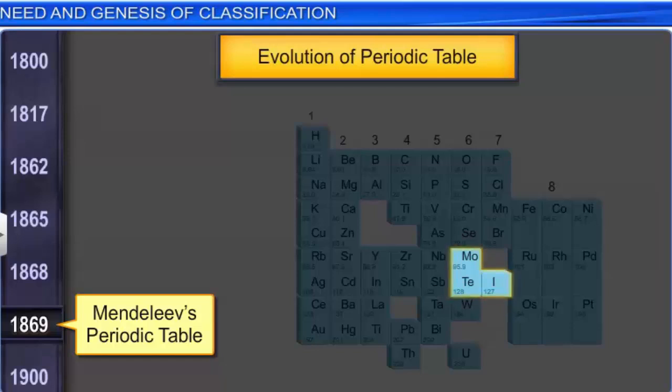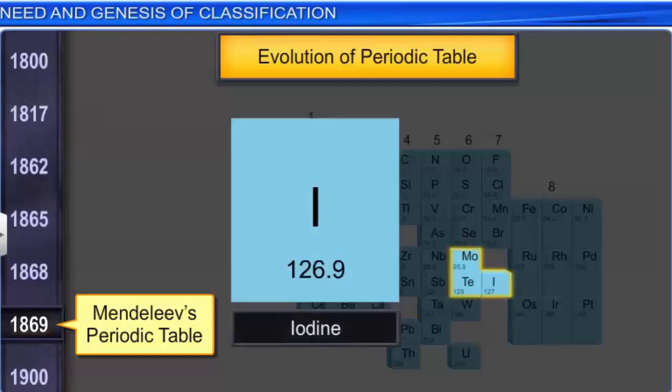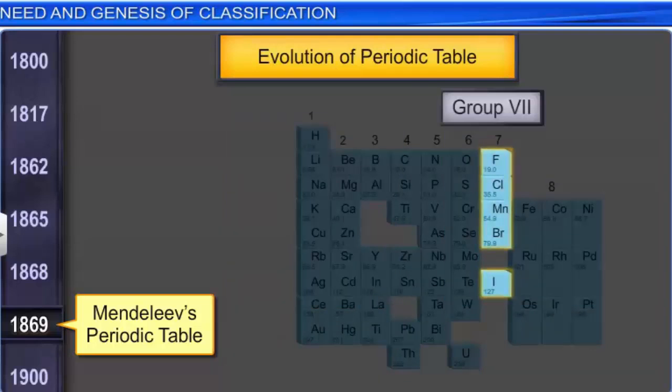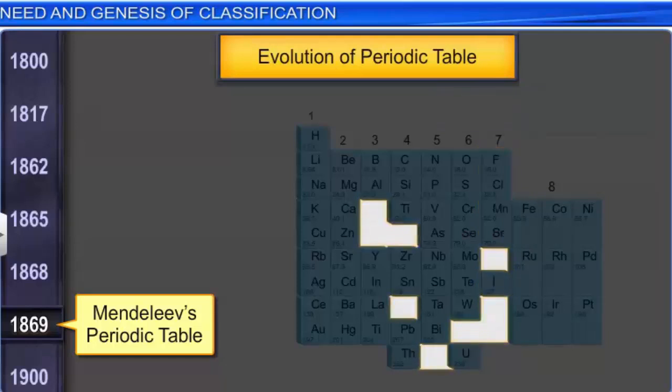For example, iodine with lower atomic weight than that of tellurium was placed in group 7 along with fluorine, chlorine and bromine because of its similarities with their properties. Mendeleev also left gaps in the table for undiscovered elements. For example, he left gaps under aluminium, silicon and boron in the periodic table for yet to be discovered elements.